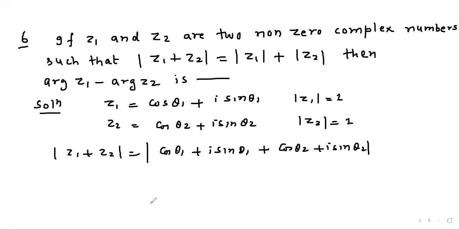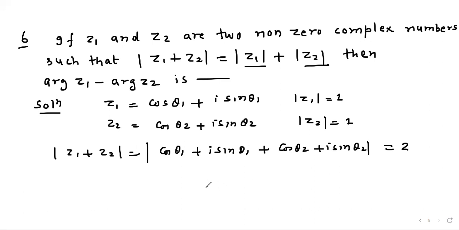So here in our question, modulus z1 plus z2 equals modulus z1 plus modulus z2. So modulus z1 is 1 and modulus z2 is also 1. So it will be equal to 2.